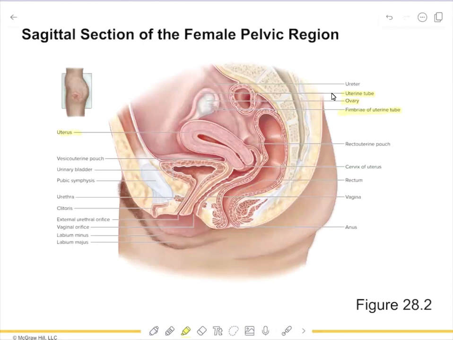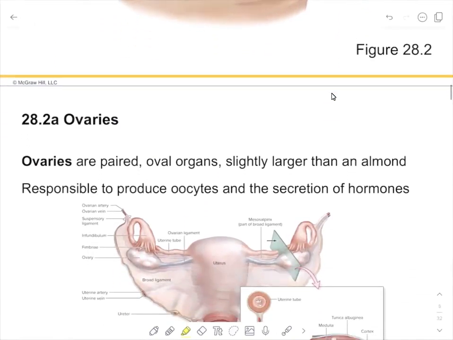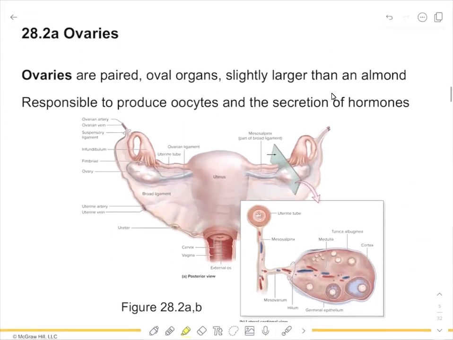Other important structures include the clitoris, the labium minus and majus, the vaginal orifice leading into the vagina, the cervix at the base of the uterus, and then, of course, the remainder of the uterus. This image is also of the female reproductive system.